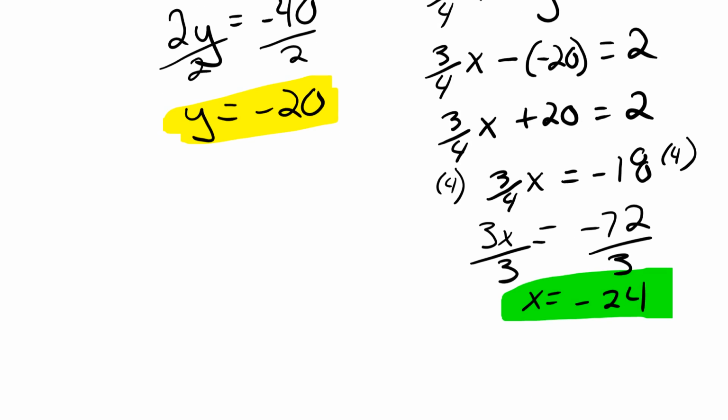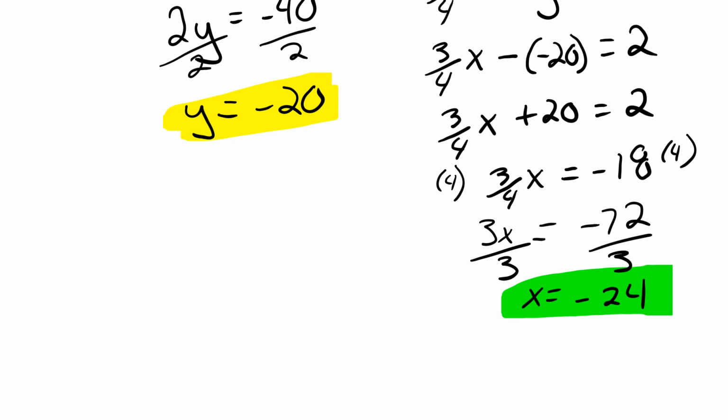So now I can do a check. Go to green and see a check. I'm going to go back to my original equations, changing my x's to negative 24 and my y's to negative 20.